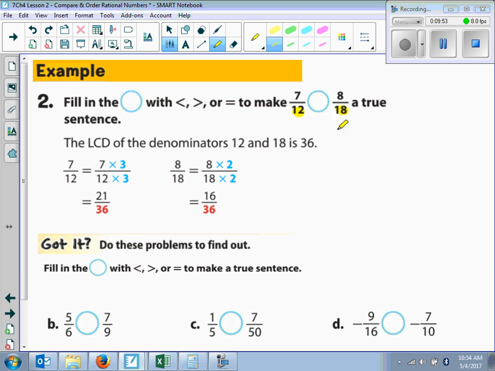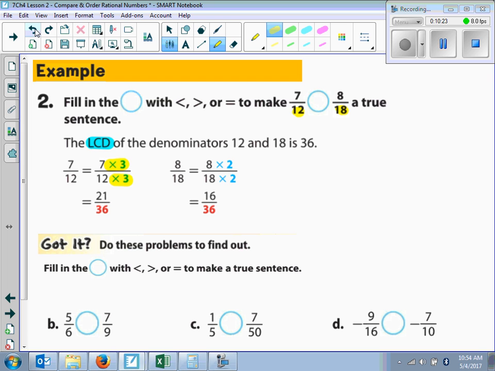So here's where we're going to get our least common denominator. The common denominator between 12 and 18 is 36. To make an equal fraction to 7/12, we're going to multiply 12 times 3 and 7 times 3.